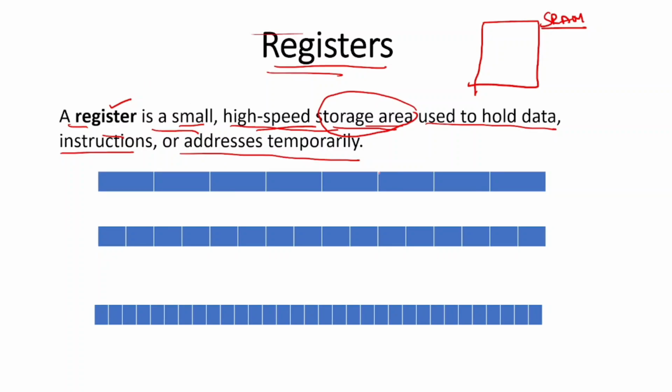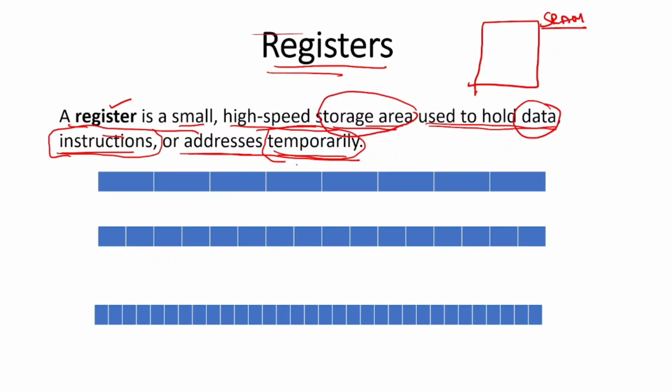And one more thing, it is used to hold data, whatever you want, and it is used to hold instructions. Instruction is nothing but a program. A group of instructions is a program. Or address, temporarily. And remember, it is a temporary storage unit.